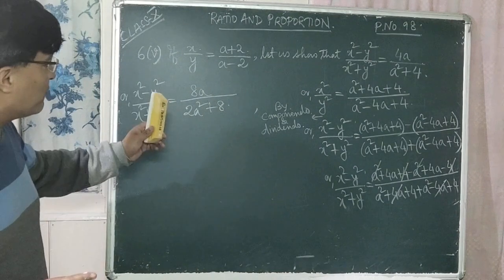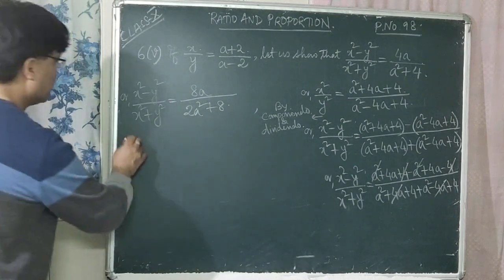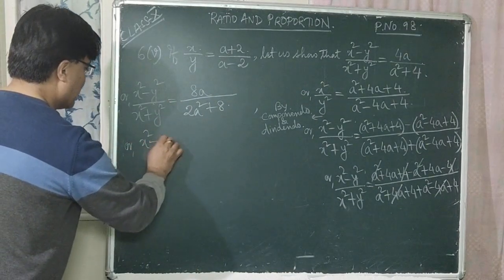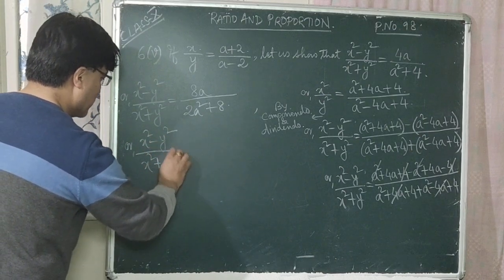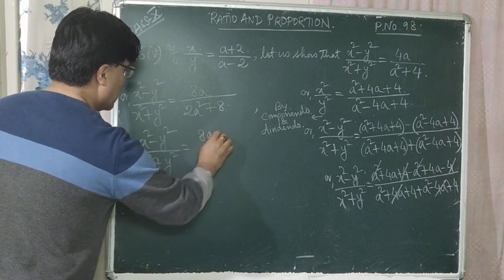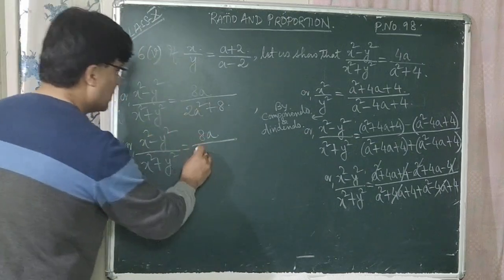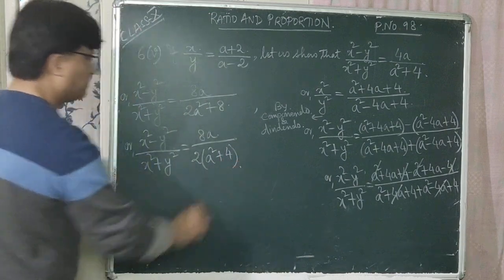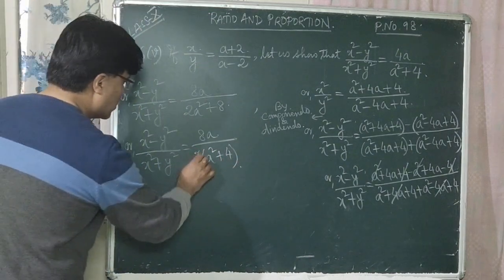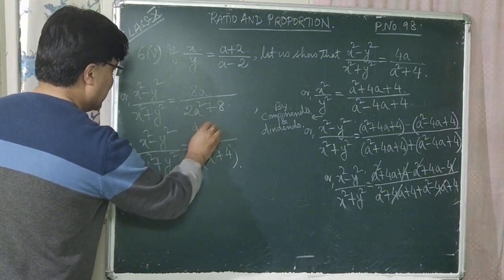Now you can simplify it further. What is common in the denominator? It is x square minus y square divided by x square plus y square is equal to 8a divided by, what is common here? 2 is common, so it is a square plus 4. Right? So this is 2 1s are 2, 2 4s are 8. Okay?